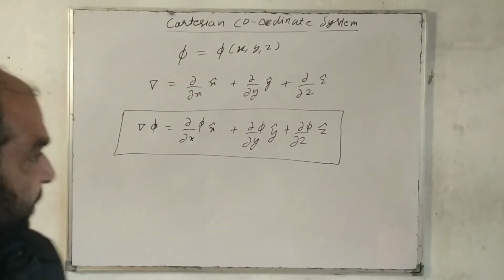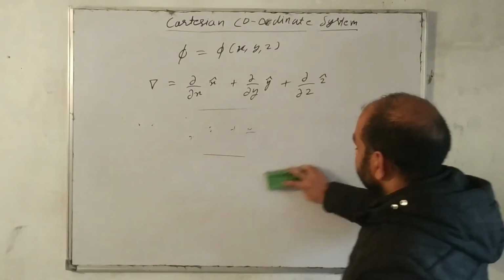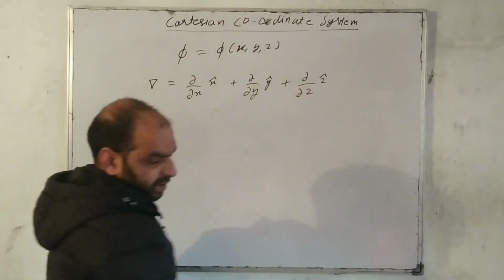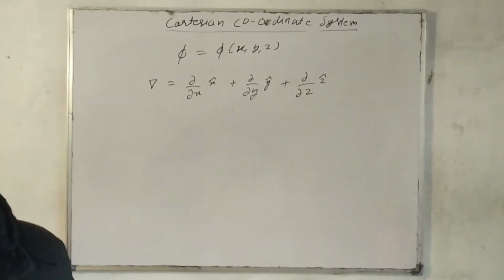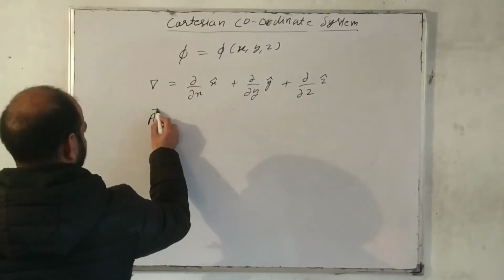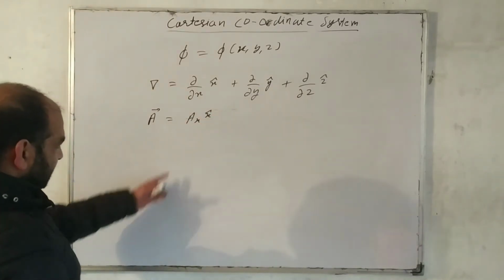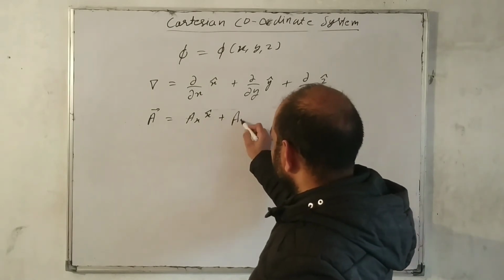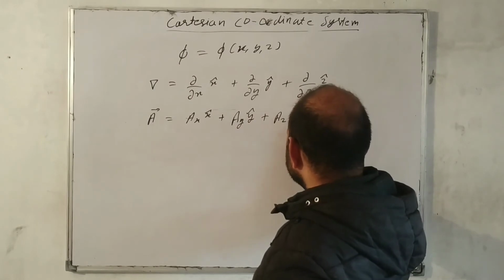So if we do the dot product of this gradient with some vector quantity, suppose we have a vector A equal to Ax along x cap, where Ax is its magnitude along the x direction, plus Ay y cap plus Az z cap.